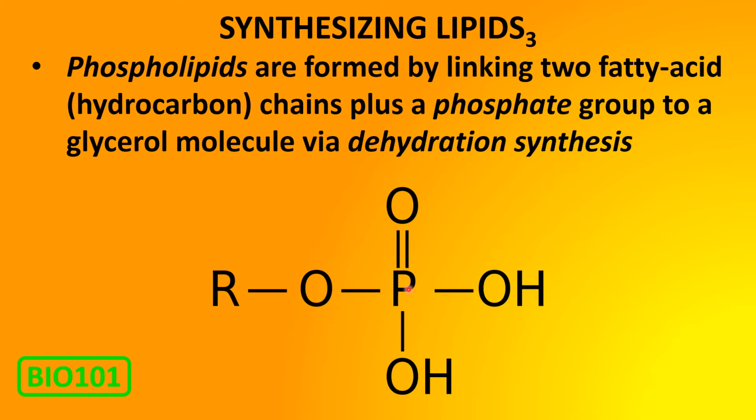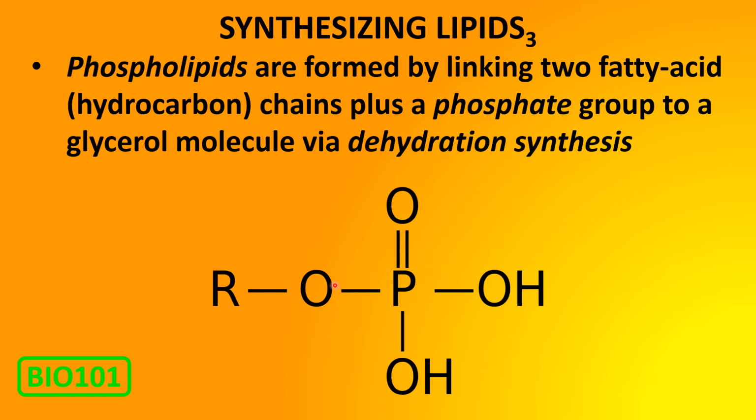So here is the phosphate group. Phosphate is a phosphorus molecule linked to 1, 2, 3, 4 oxygens. Right? This is your R group, your variable group. But that's the phosphate group. A phosphorus linked to 4 oxygens, okay?